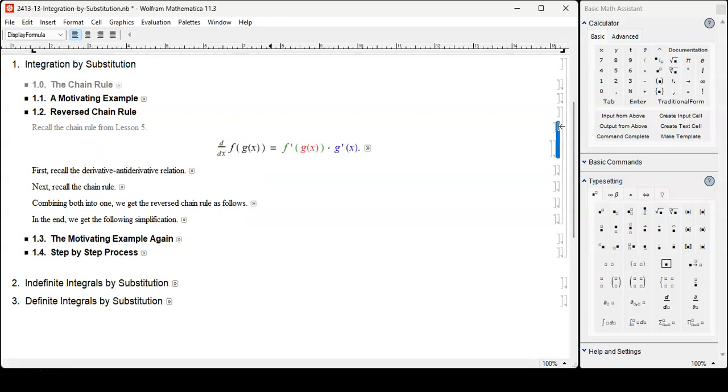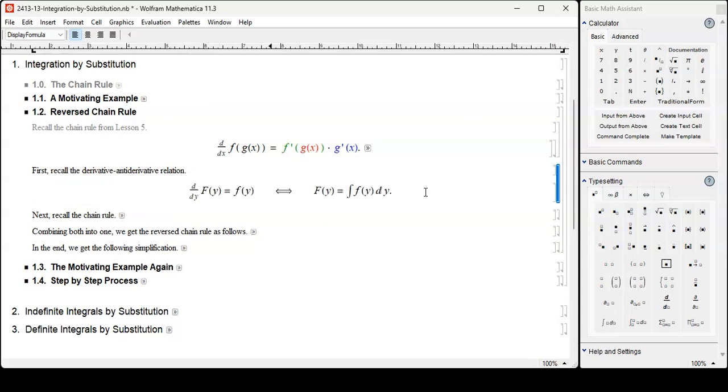Okay, alright, here's the chain rule. Keep that as a reference. Now we're going to begin with this relation, the derivative-antiderivative relation. So, beginning with small f, that's the original function. In the derivative rule, we began with original function f and we took the derivatives to f prime, but that's for differential calculus.